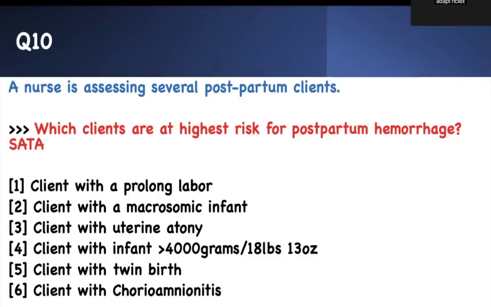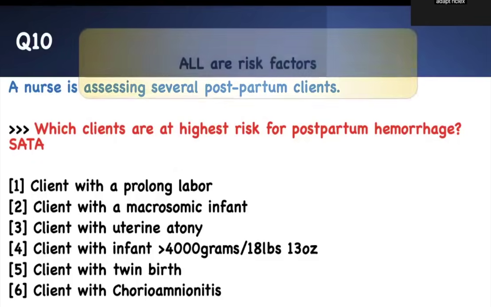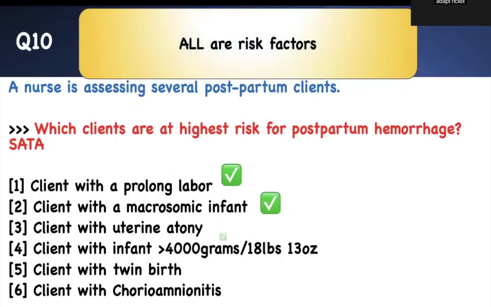If they don't give you anything, greater than 4,000 grams is macrosomic. If you have twin baby, multiple gestation, you're going to have postpartum hemorrhage. Chorioamnionitis, infection will cause the uterus not to contract, and that can cause bleeding. Therefore, all of them are right answers. So write them down. Risk factors for postpartum hemorrhage.